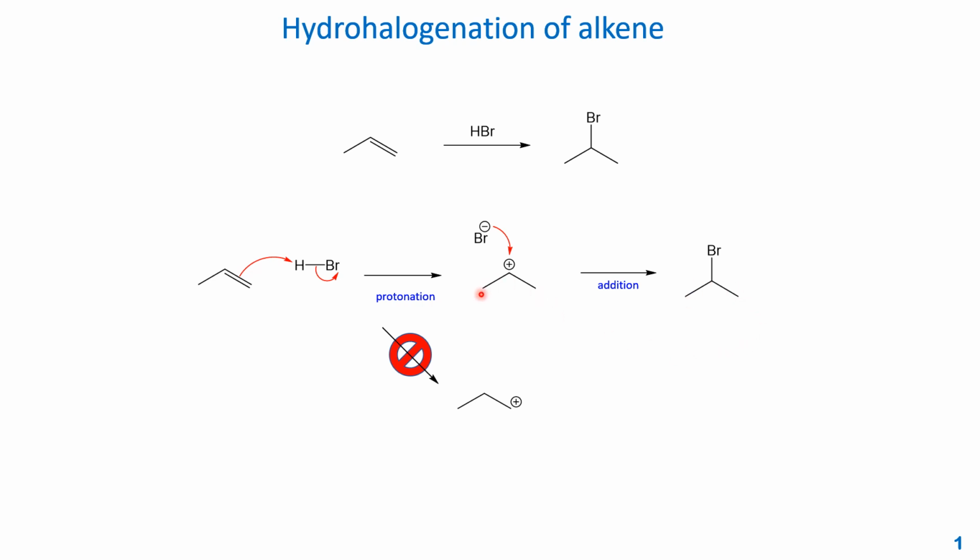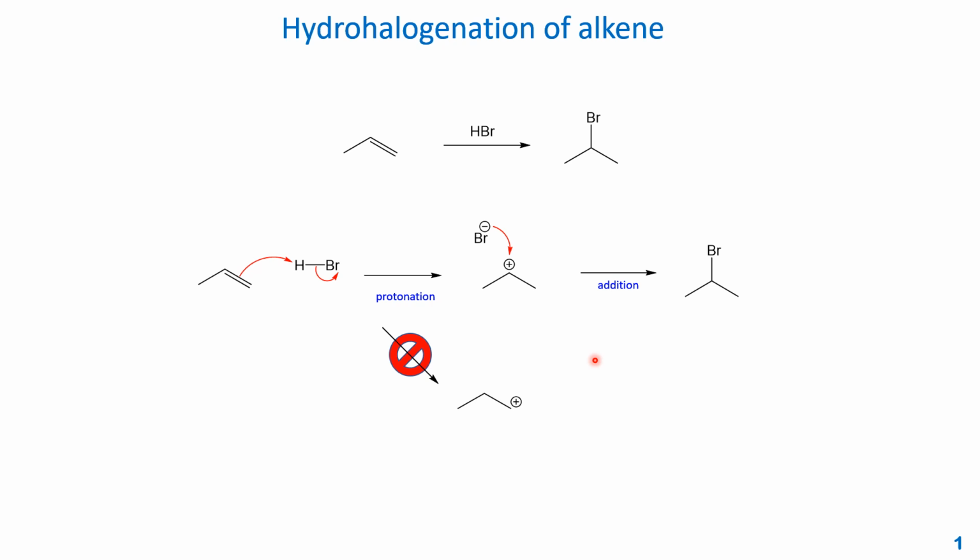Look at the intermediate: it's a carbocation, so you always have to watch out for the possibility of carbocation rearrangement. The requirement is that you need to form a more stable carbocation, so if that is possible, you have to draw the more stable carbocation. There are two types of carbocation rearrangement: 1,2 hydride shift or 1,2 methyl shift.